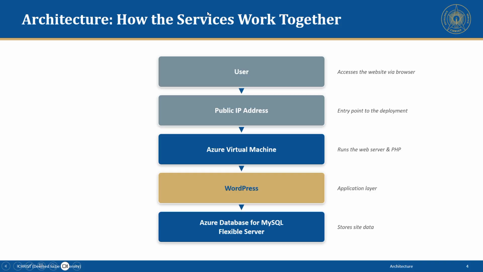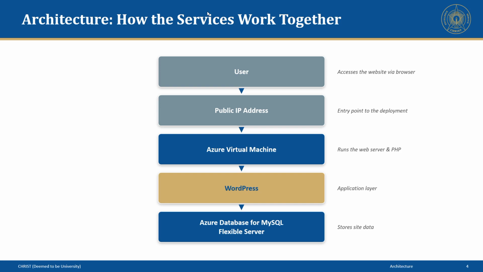The slide shows the overall architecture of my deployment. First, the user accesses the WordPress website through a browser. The request reaches the public IP address of my Azure virtual machine. The virtual machine runs the web server and PHP, which then runs the WordPress application.